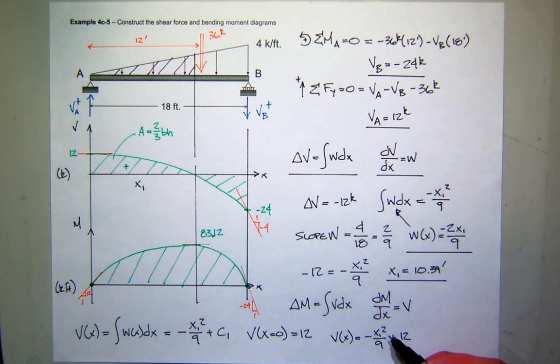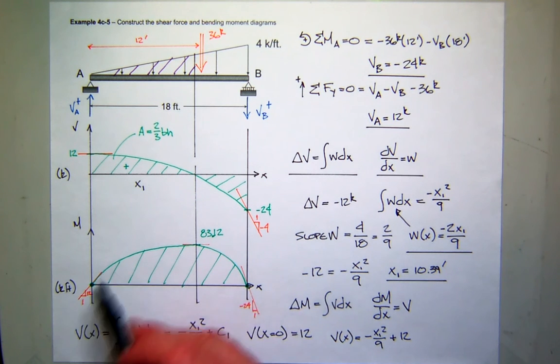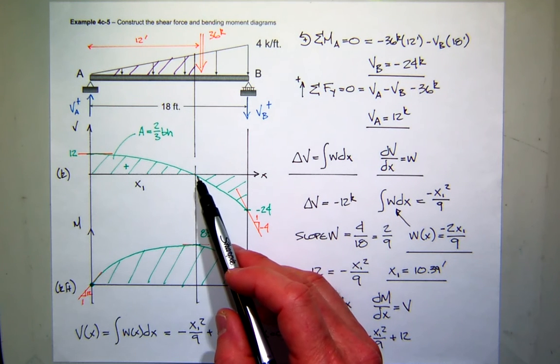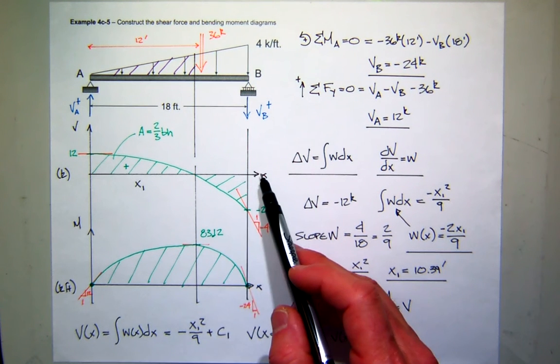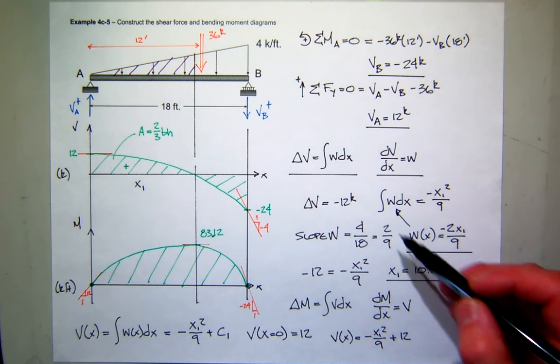That I could integrate and generate another integration constant to find the actual equation of this line here. But once I know this function, I could simply just integrate it from 10.39 to 18, and that would give me the change, right? That would give me the change in a moment.